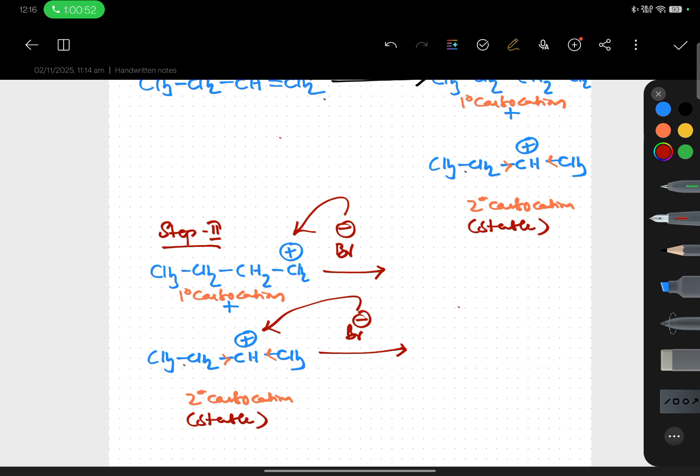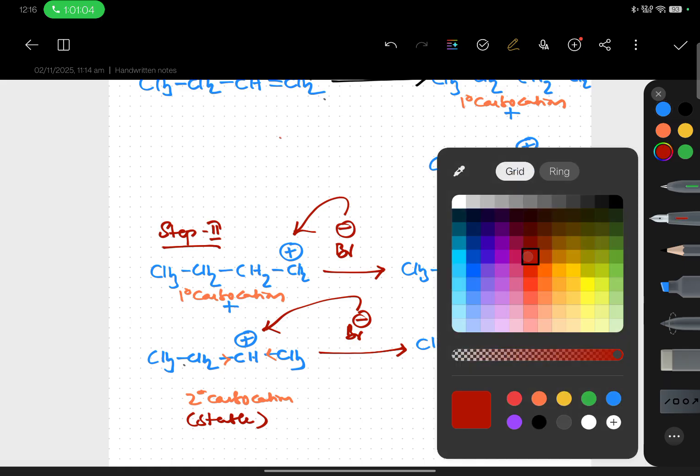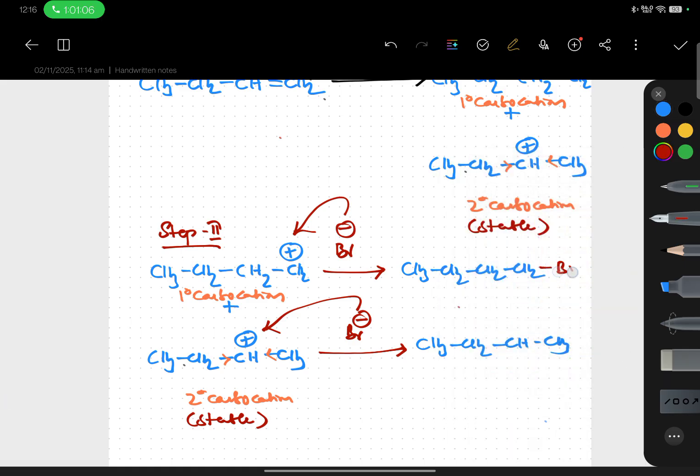If it attacks the terminal carbon, you get 1-bromo butane.